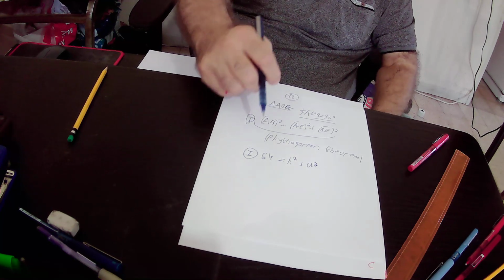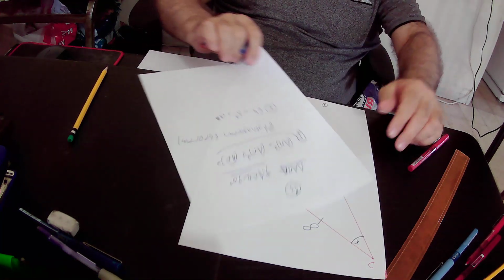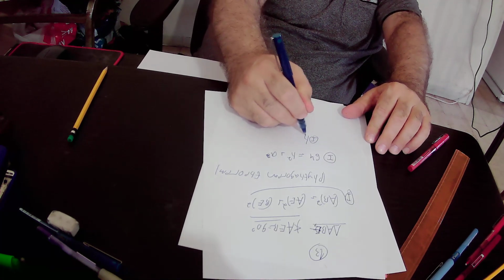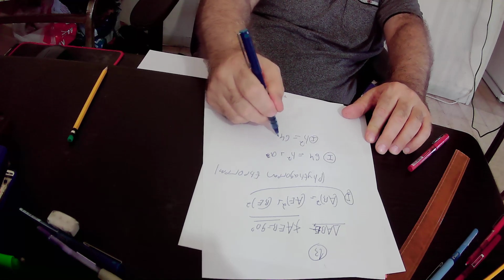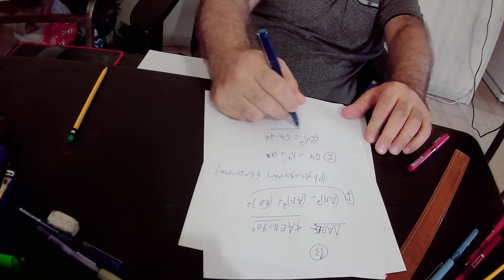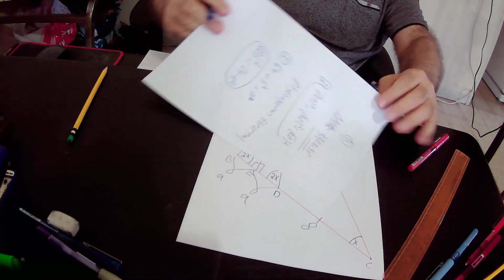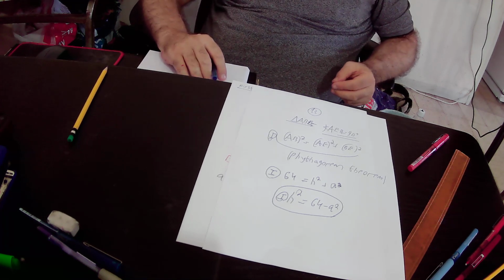Here we will subtract A squared from this equality, and we will get that h squared equals 64 minus A squared. Again, equation number 1 states that h squared equals 64 minus A squared.